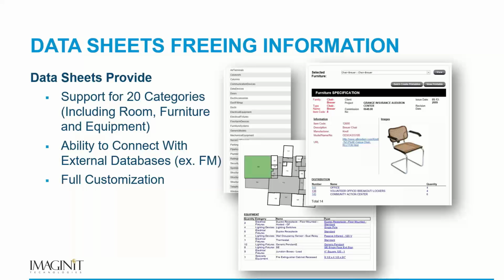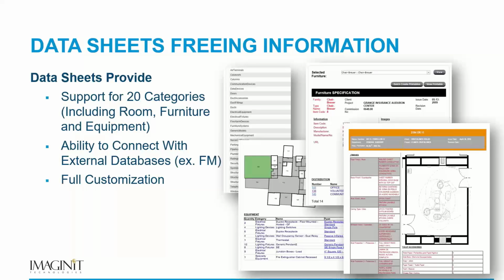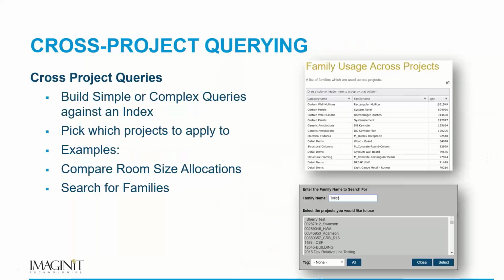It's all an HTML template where you have an editor where you can build up what you want your data sheet to look like, but the data is automatically kept up to date every time that you run the export task. And that's a sample of a customer's data sheet for a project in Mexico where they needed to have both English and Spanish parameter values and generated that way.